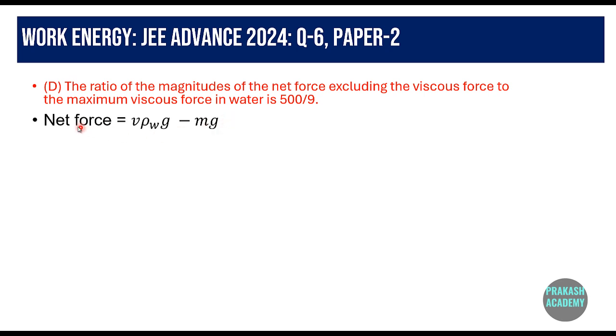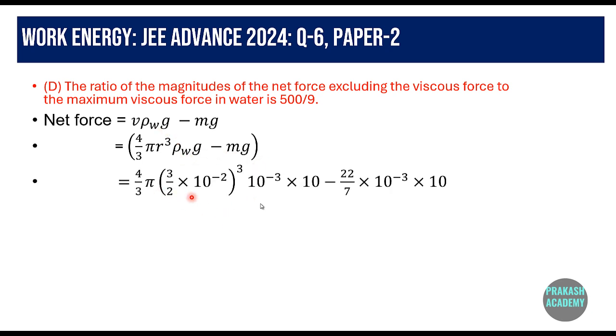If you remember, the net force was V rho g minus mg. Volume is 4 by 3 pi r cubed, and this is rho w times g minus mg. If we plug in all these values, this force turns out to be 0.11 Newton. So this is the net force.